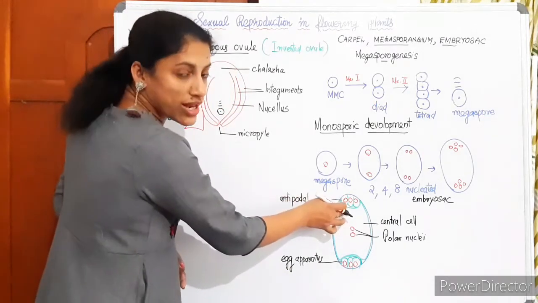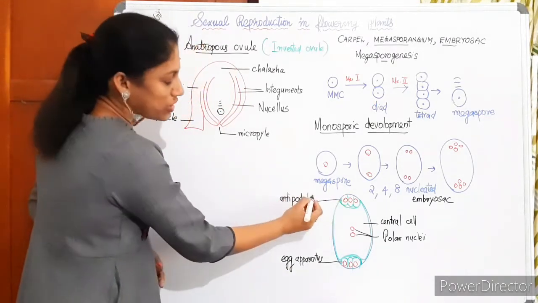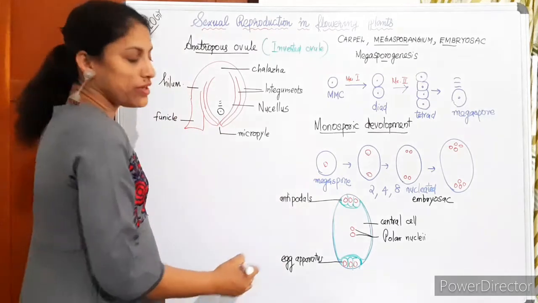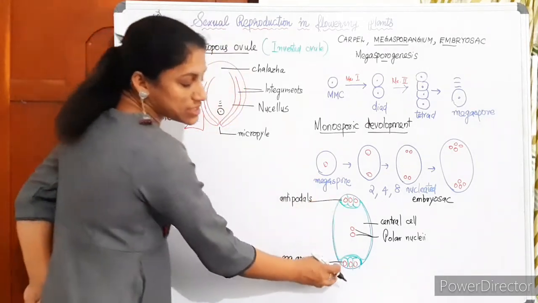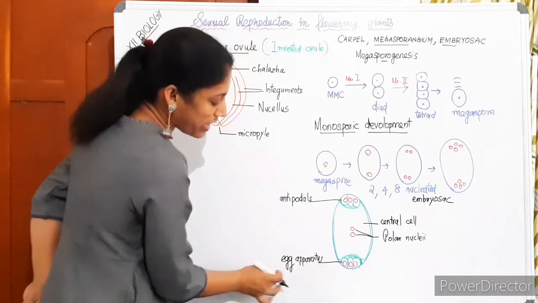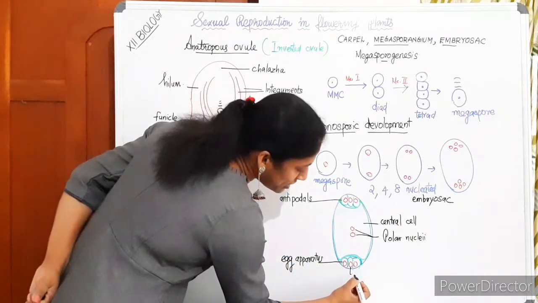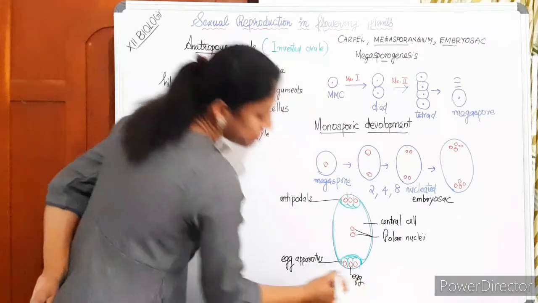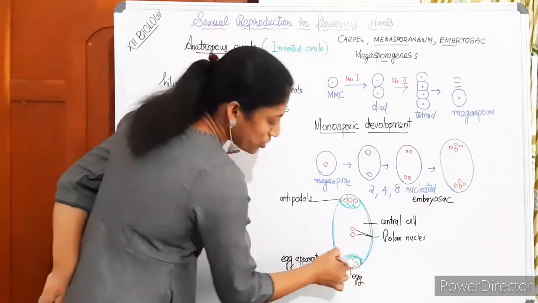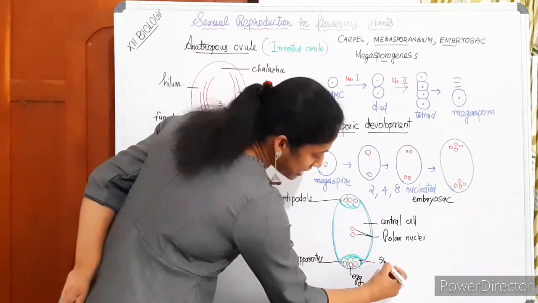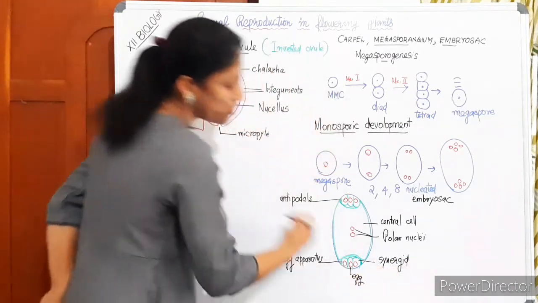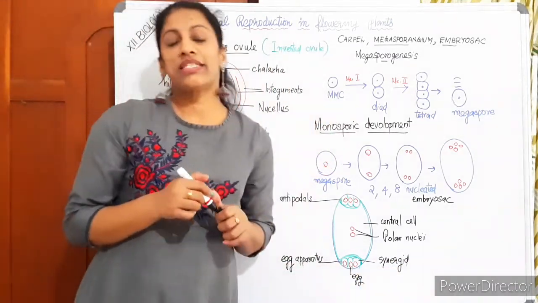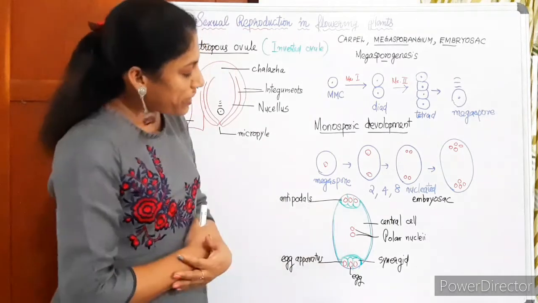Then at the chalazial end it forms antipodal cells. Okay, 3 cells at the chalazial end are called antipodals. 3 cells at the micropylar end form the egg apparatus. In the egg apparatus, the middle one is the egg. The 2 surrounding ones are called synergids. The central one is the egg.